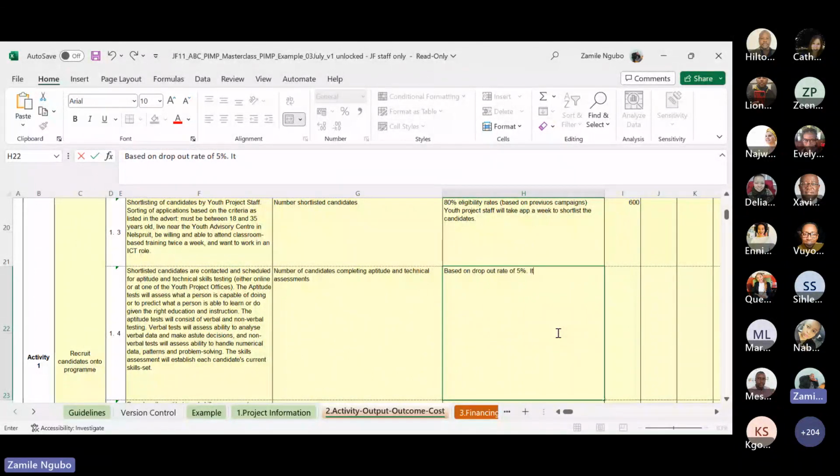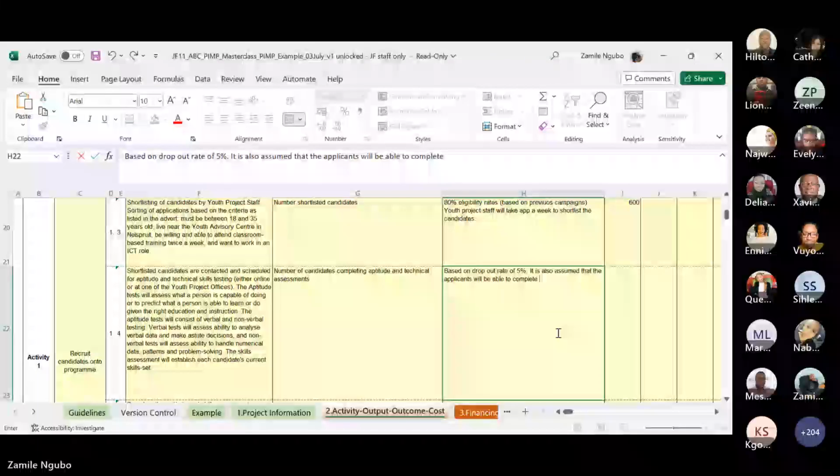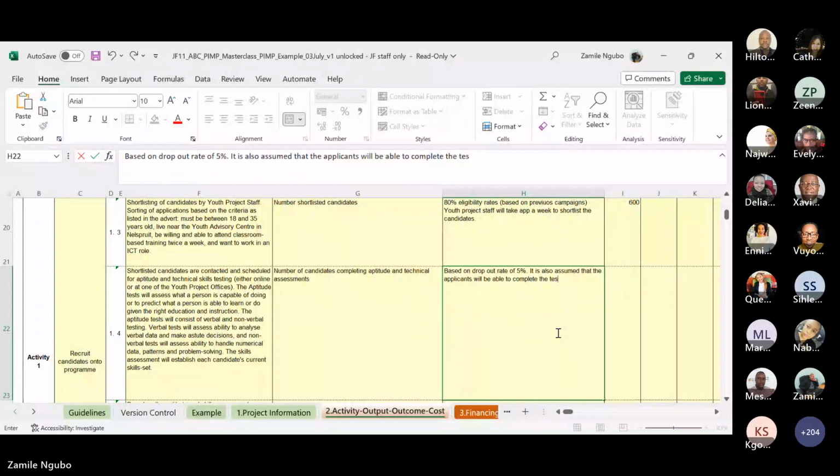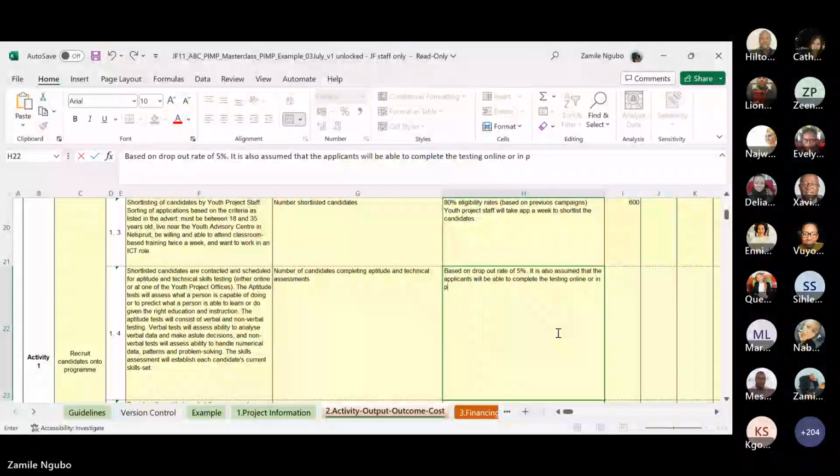It is also assumed that the applicants will be able to complete testing online or in person.